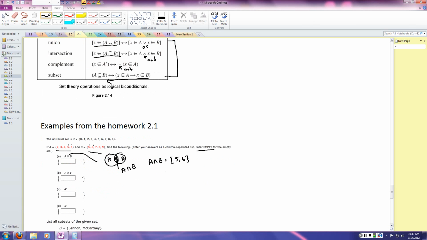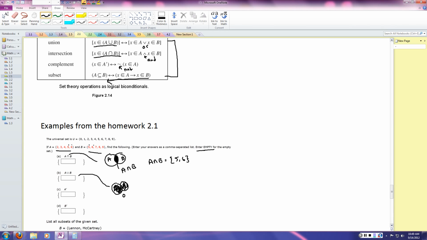Now union is what I was talking about before. If I look at it graphically, I have A and B. Union is going to be elements in A and elements in B. Or, using the word and here is kind of confusing. Here's really where and comes in: elements in A and also in B at the same time.